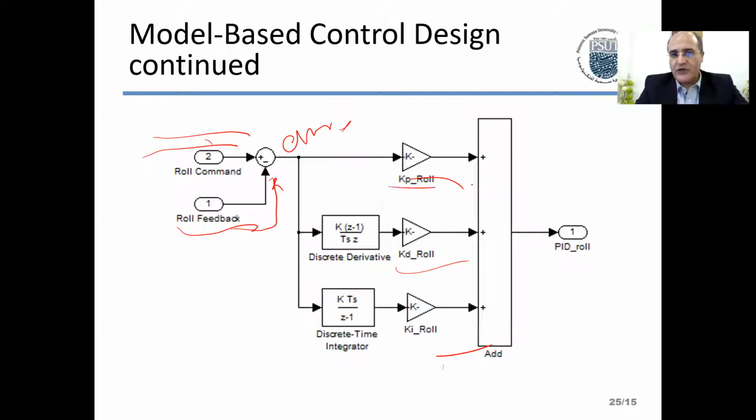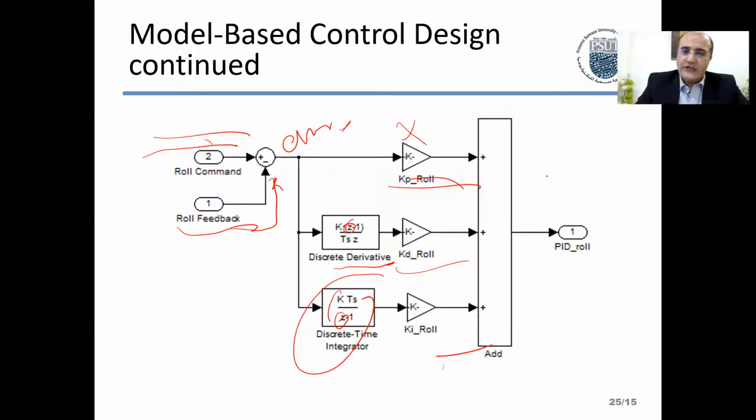Run it through a proportional, multiply it by a gain, do discrete differentiation with a gain, and integrate. And of course, when we're running PID in digital format on a microcontroller, we're working in the Z domain, okay? In the Z domain, not the S domain.